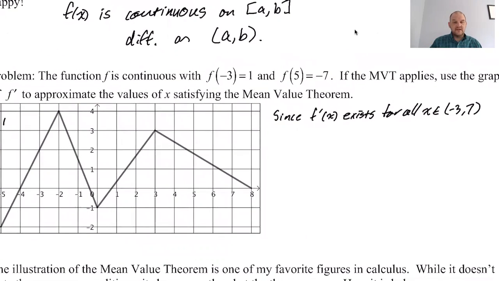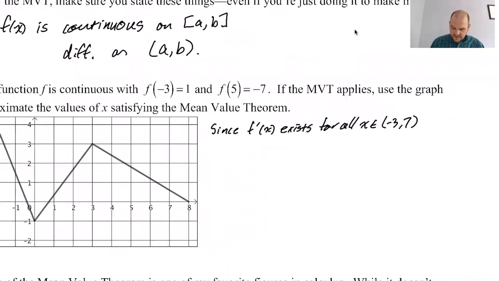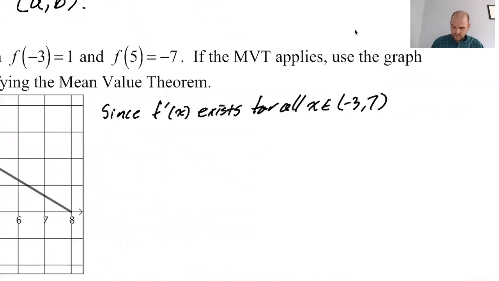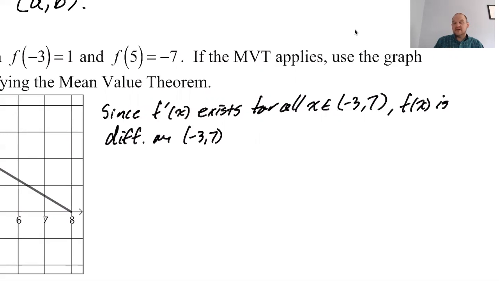The derivative itself is not differentiable at -2, at 0, and at 3 because you have sharp turns there, but that's not the question. If the derivative exists, then the function itself is differentiable. So since f prime exists for all x between -3 and 7, f of x is differentiable on -3, 7. So it's differentiable on the open interval.